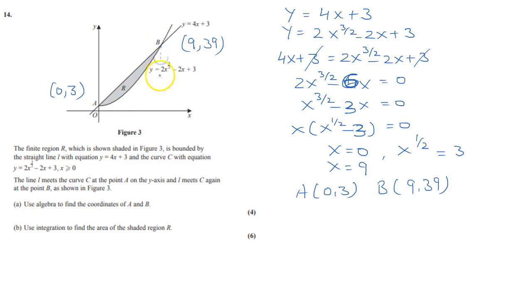Now let's see this one. This is a trapezium OABC. So this is part B. Area of trapezium OABC is equal to half into this distance.